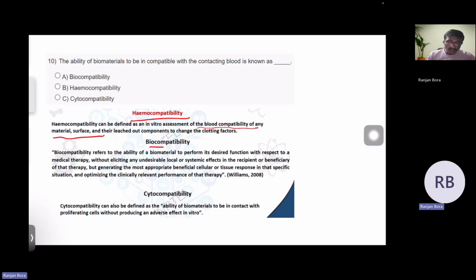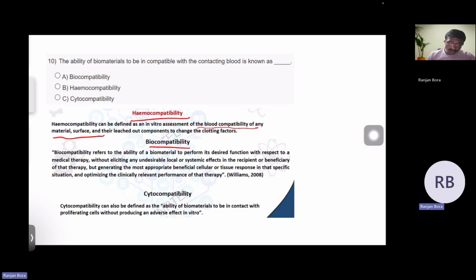The next is biocompatibility. It refers to the ability of a biomaterial to perform its desired function with respect to a medical therapy without eliciting any undesirable local or systemic effects in the recipient or beneficiary of that therapy, but generating the most appropriate beneficial cellular or tissue response in that specific situation. And what does cytocompatibility represent?